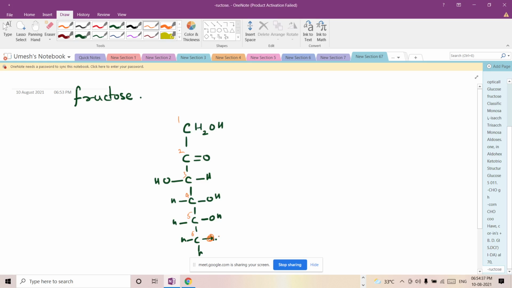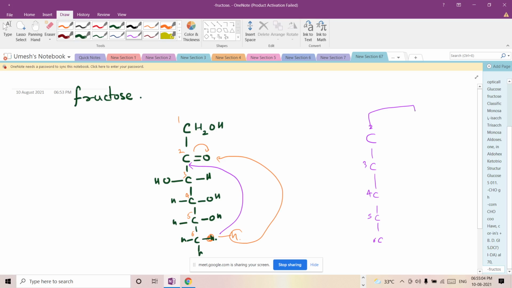One possibility, what I find here is that the electromagnetic effect here, and from the sixth carbon atom, the H goes to this. So what I find here on the second carbon atom, it's 3, 4, 5, and 6.